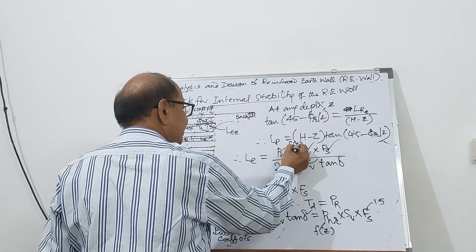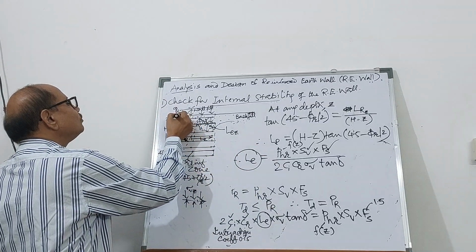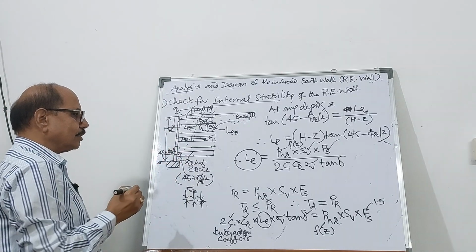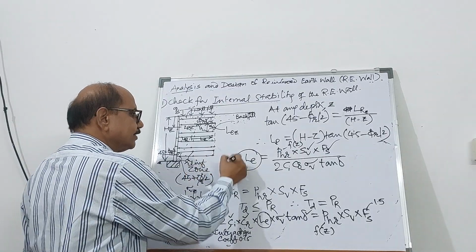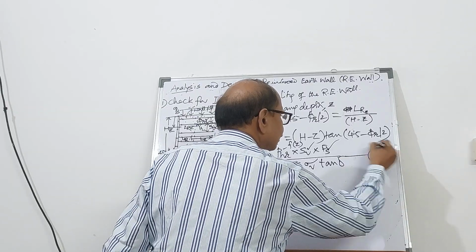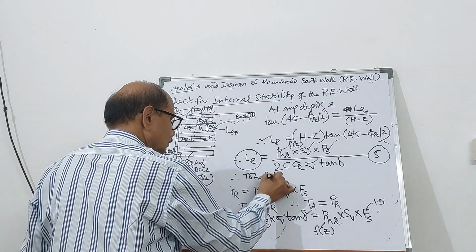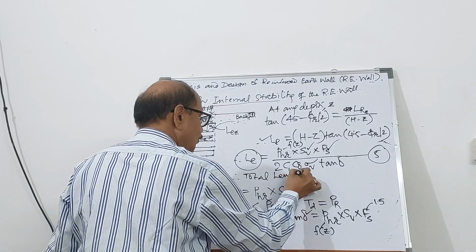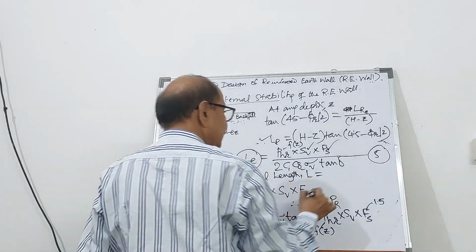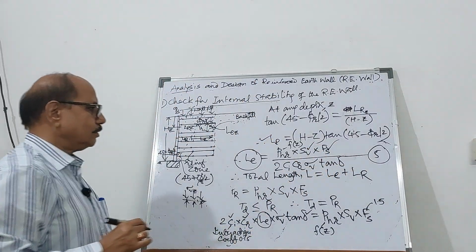So at different Z values, what is the length Le required? As you go from the top, Z is going to increase up to the bottommost part, and you can find out the Le. LR you have already calculated, and Le also you have calculated from this equation. Therefore, the total length of the reinforcing layer or reinforcement is going to be Le plus LR.